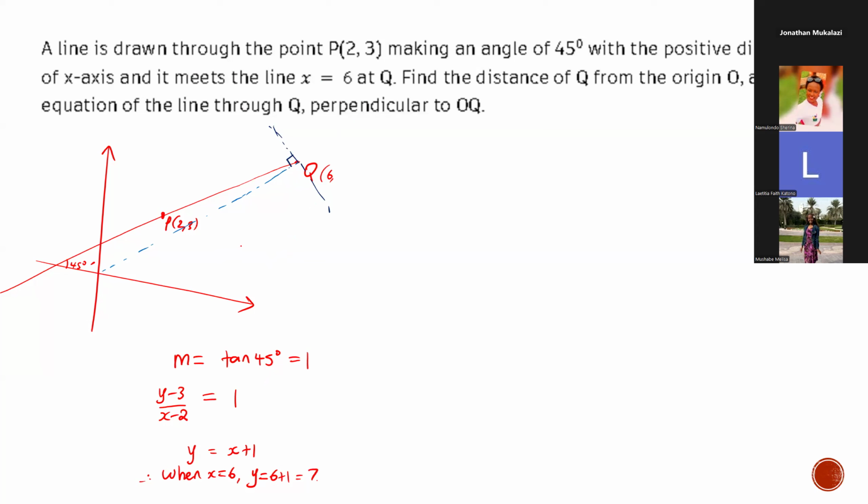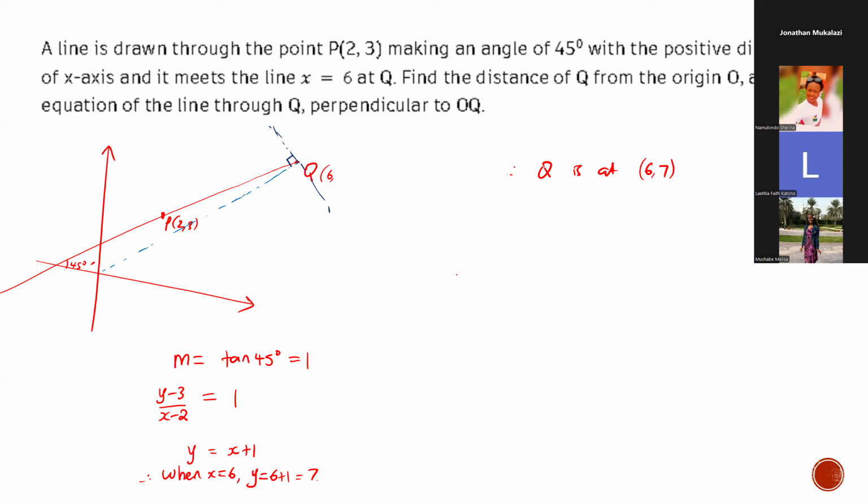So we can easily get its y coordinate by just substituting in the equation. And so the y coordinate of point Q is 7. So Q is at (6, 7). We have found point Q.